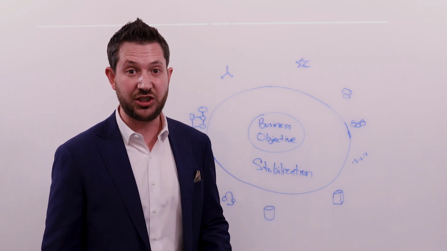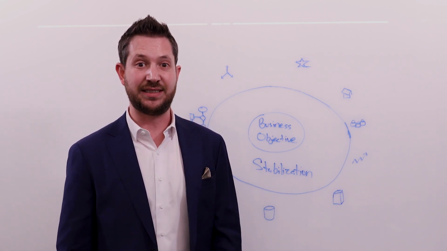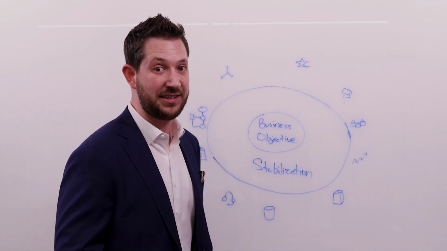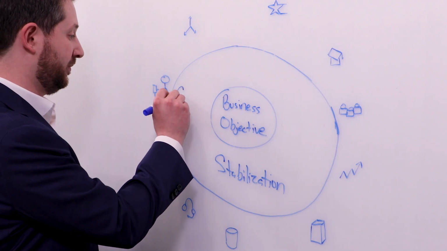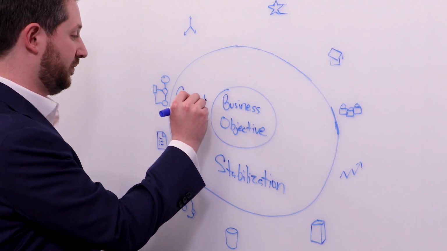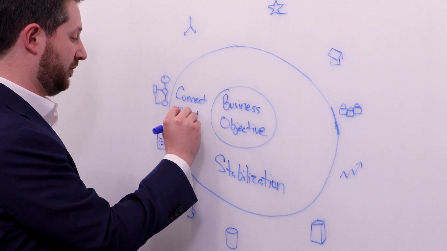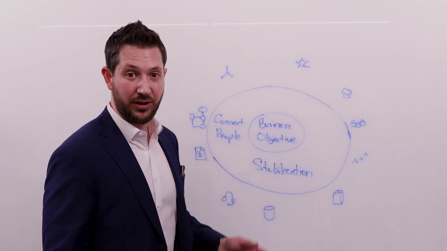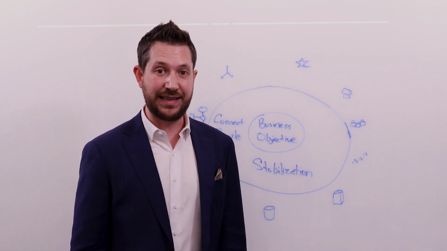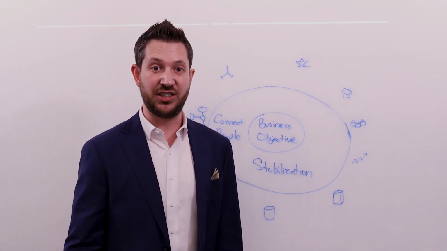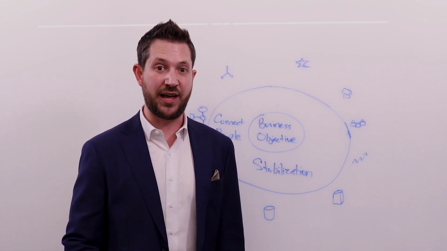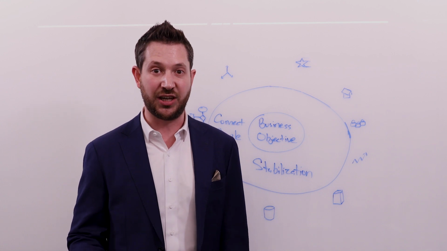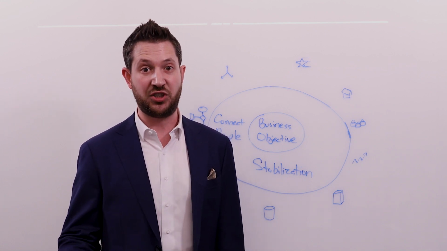Moving on from stabilization, the next thing that your Center of Excellence needs to do is help with connecting people to enable connected planning. When we talk about connected people, we're talking about bringing the right leaders to the table, bringing the right decision makers to the team to make sure that you have all of the insights you need, all of the people together, having the right discussions about achieving your business objective.